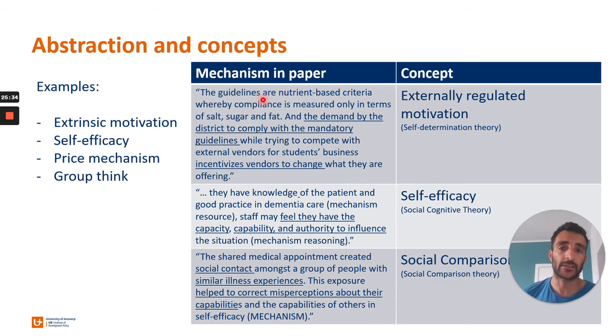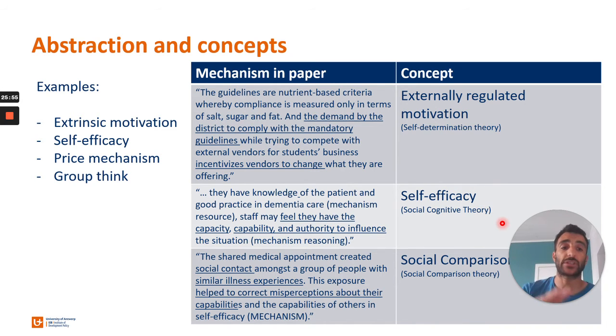So this is the mechanism, which, when we look at it conceptually, is externally regulated motivation as defined by self-determination theory. Here we have: staff may feel they have the capacity, capability, and authority to influence a situation. A lot of words just to explain self-efficacy.